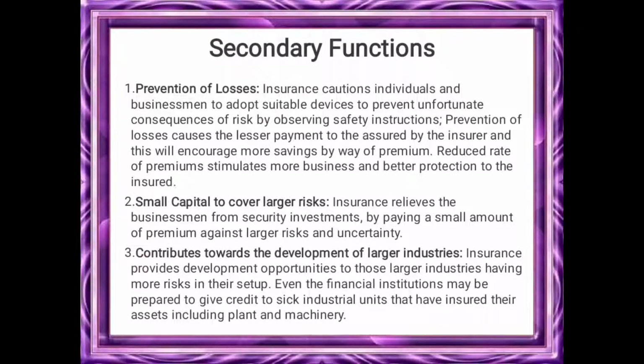Prevention of losses causes lesser payment to the assured by the insurer, and this will encourage more savings by way of premium. Reduced rate of premiums stimulates more business and better protection to the insured.